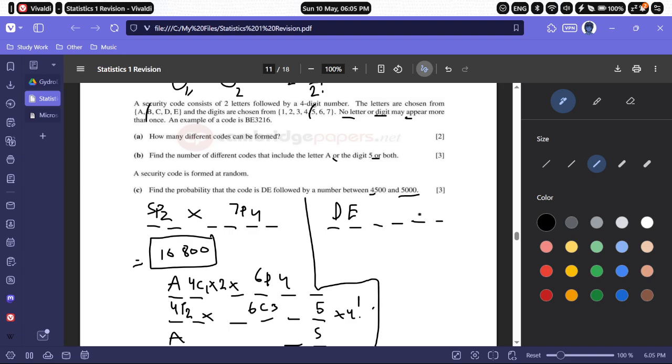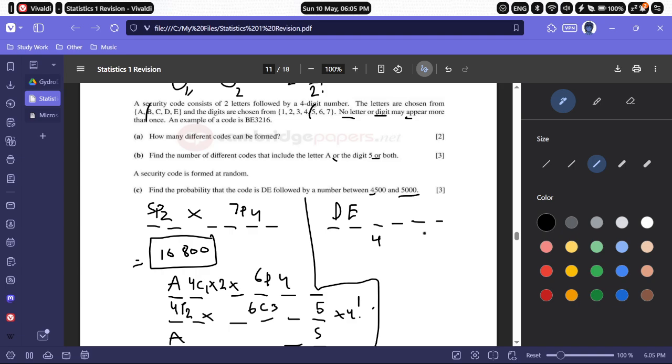But keep in mind that since they're telling you between, 5000 is not included. That won't be a case. So for the first blank, the only number you can have is 4. That's the only one. You can't have 5 because again they're telling you between.